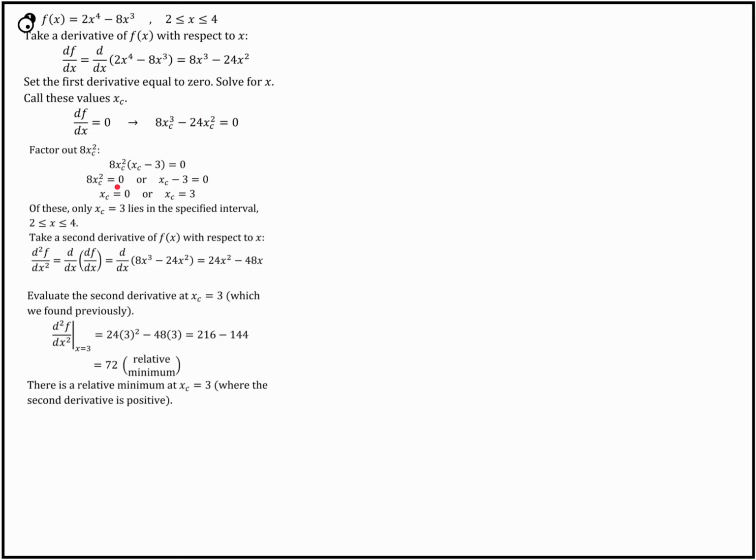So we'll solve that, and it's going to give us x at 0 and x at 3. So those are going to be the x points that give us, let's call it here and here. Not this one. X at 0 and 3 are going to be our extreme values. And they're going to occur here and here.